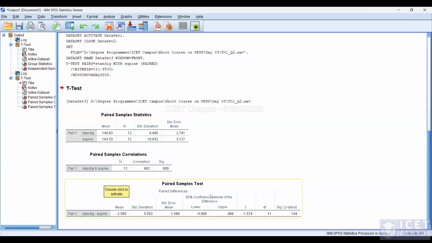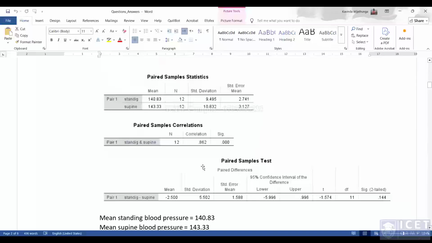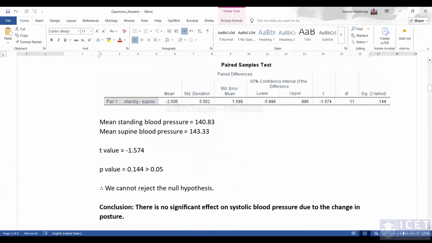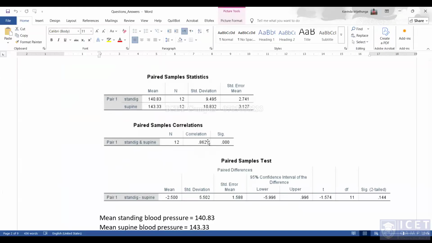We can see some difference: 140.83 and 143.33. Then Pearson's correlation is also given, that is 0.862, and the value is significant.